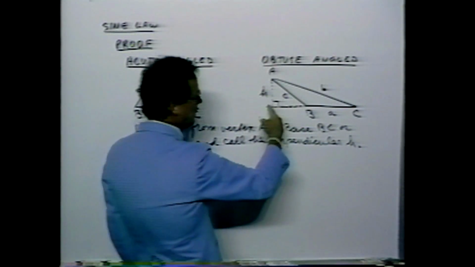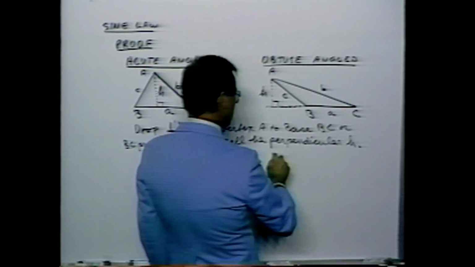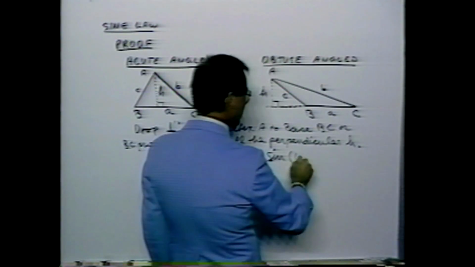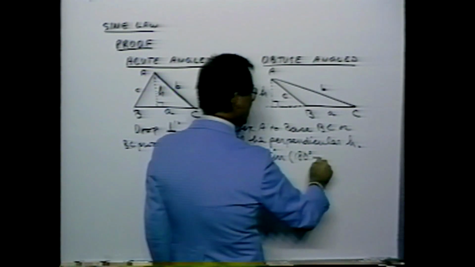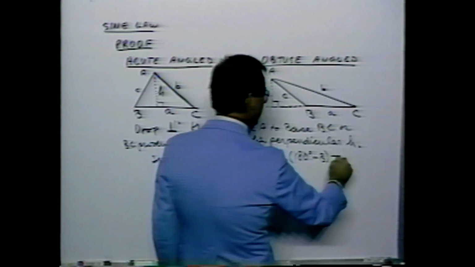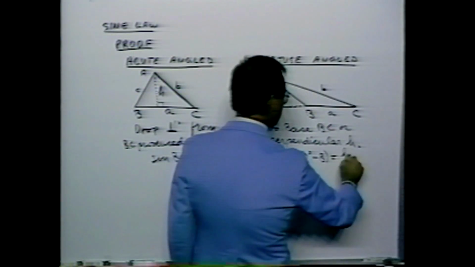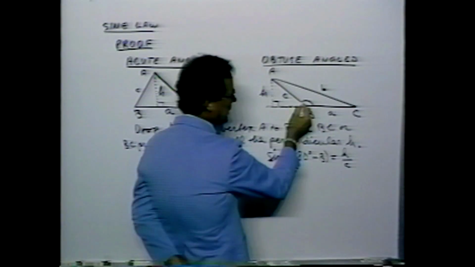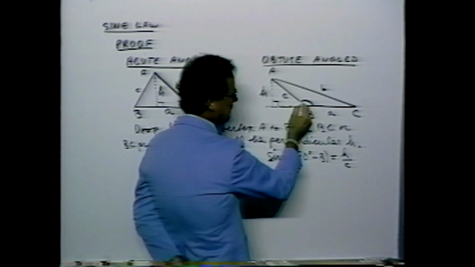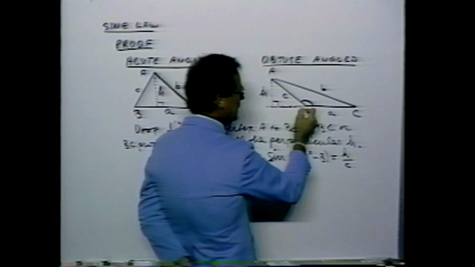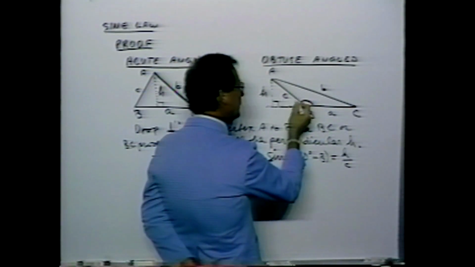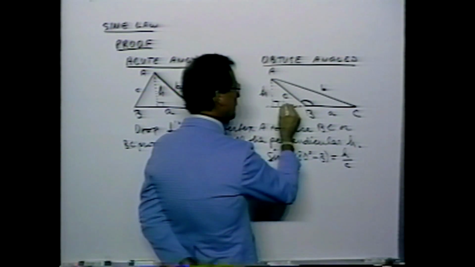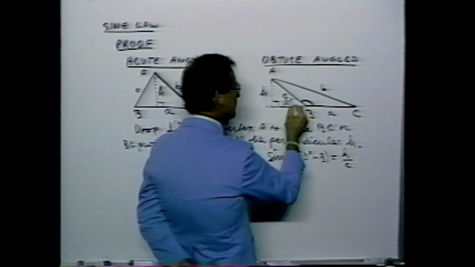In this particular diagram, the sine of 180 degrees minus B is equal to h over c. If this is the angle B of the triangle, and this is a straight line, then the angle on the other side of it, the exterior angle, is 180 degrees minus B.